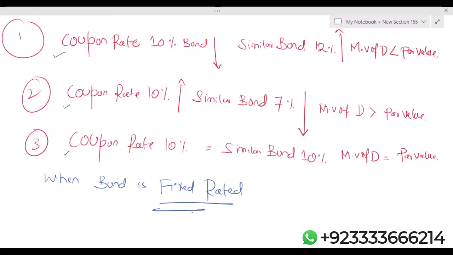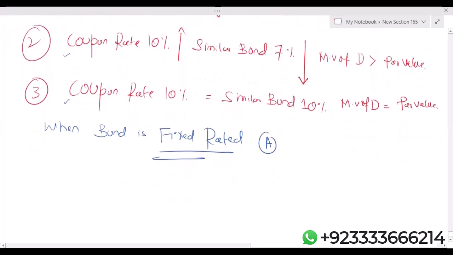Here, the 3 possibilities are possible. Condition number 1 is when the bond is fixed rated, the interest rate is fixed. This is condition number A. Condition number B is that logically, redemption is at par value. Because if you are redeeming the bond at a premium, the premium is itself an interest.